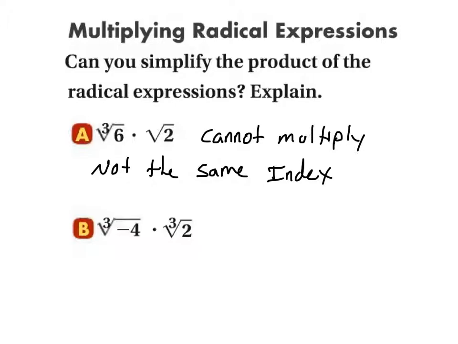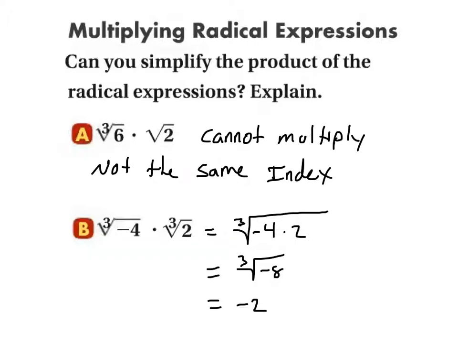We can combine those two roots because they're both cubic roots. So I can go ahead and say that I have the cubic root of negative 4 times 2. Well, what is negative 4 times 2? Negative 8. So we have the cubic root of negative 8. And what is the cubic root of negative 8? Negative 2.